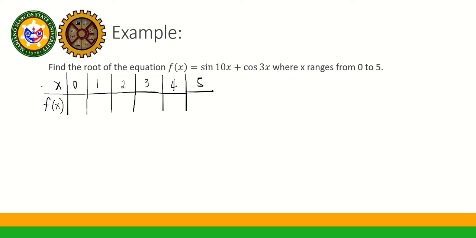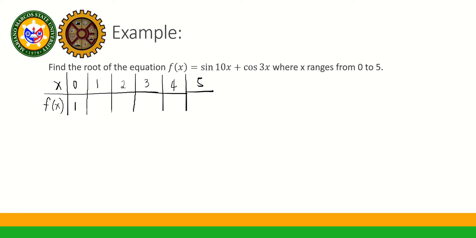So, ang gagawin natin is to plug this different values of x dito sa equation natin to solve for f of x. So, first one is at x is equal to 0, what is f of x? So, plug natin si 0 dito. Sine of 0 plus cosine of 0 is equal to 1. So, our f of x is equal to 1.